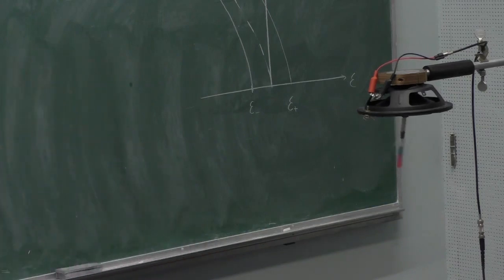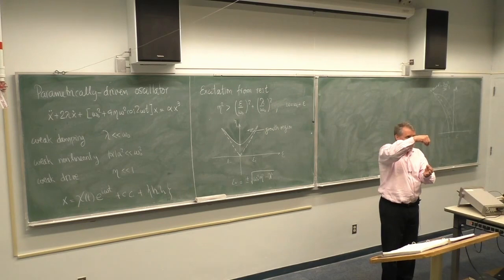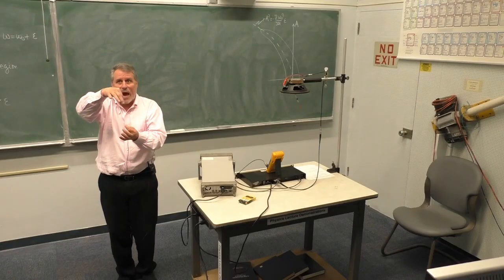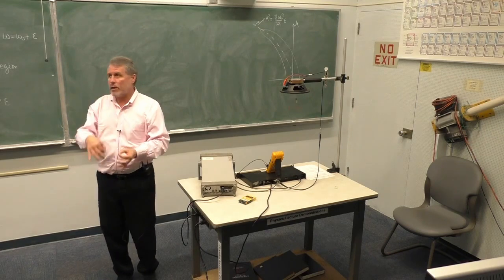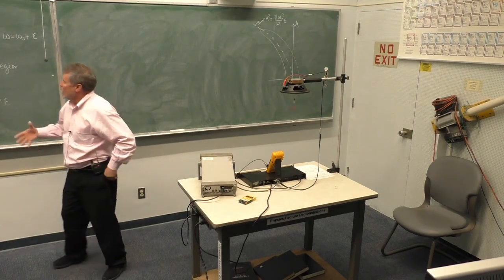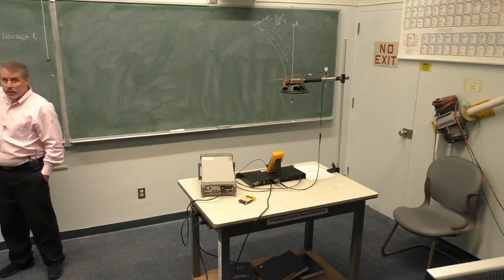We determined the condition to drive it from rest, due to fluctuations, the parameters that would make the amplitude grow from an equilibrium point, which is rest, is determined by this condition.